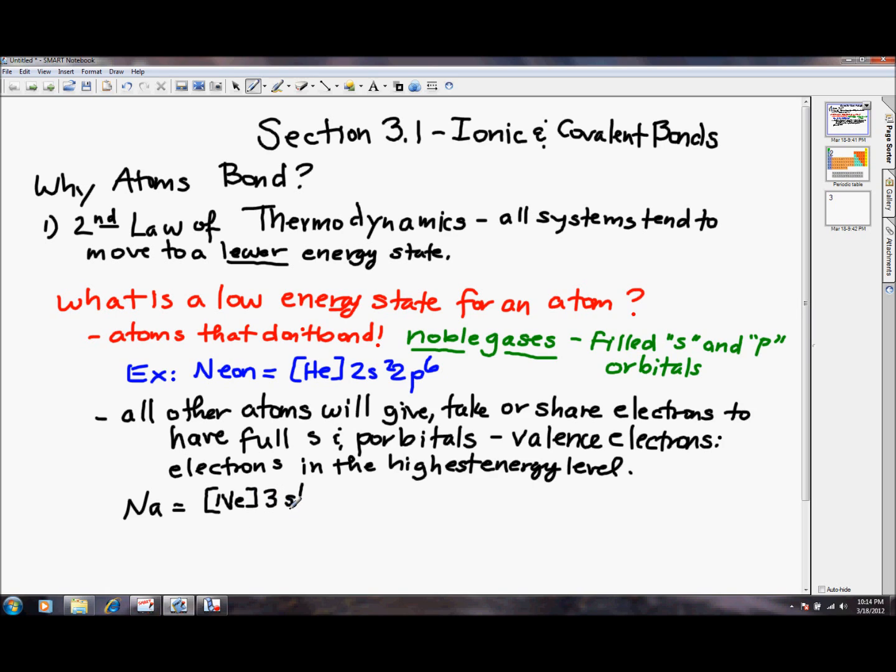That's the shorthand configuration for sodium. So these are all the electrons in the 1 and 2 energy levels, and this is one in the 3rd energy level, and there's only 1 in the 3rd energy level. So this has 1 valence electron.